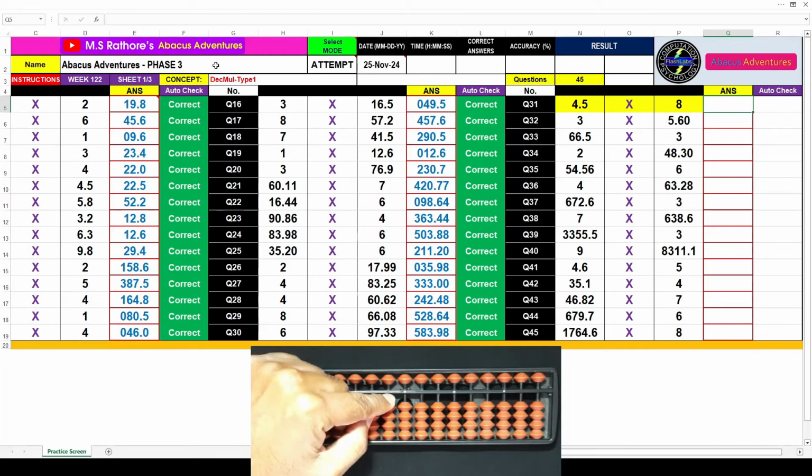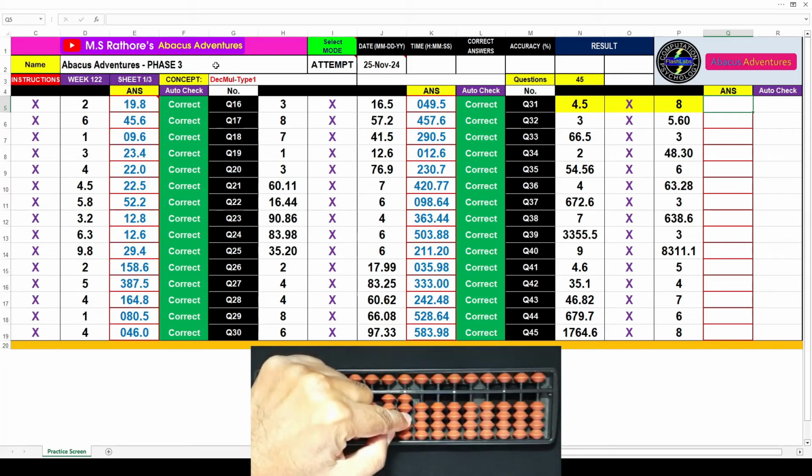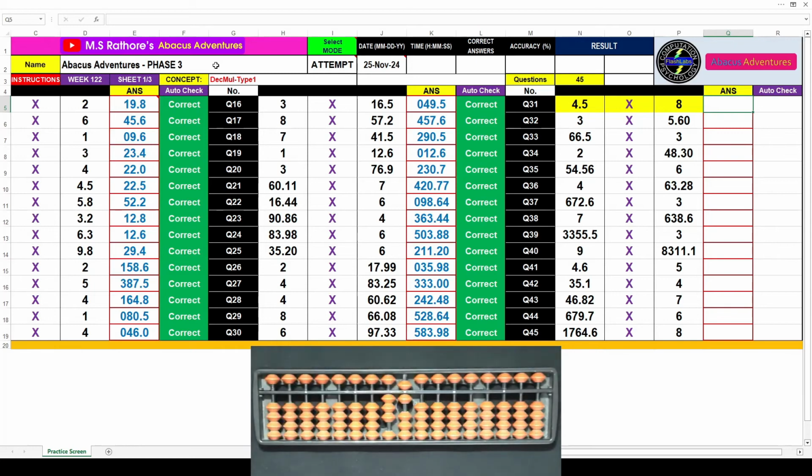Forget the decimal point here. 8 multiplied by 45. First, 8 4s are 32. Second, 8 5s are 40. And the answer is 36.0. So why are we taking a 0 after the decimal point in the answer? Because the question contained one decimal point, so the answer should always contain a decimal part as well. So the answer here is 36.0.